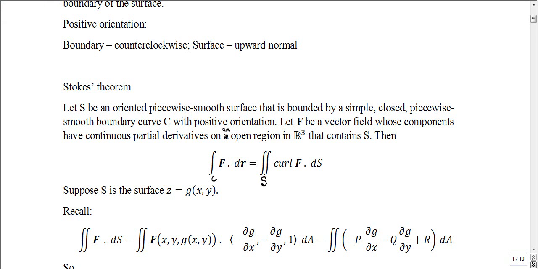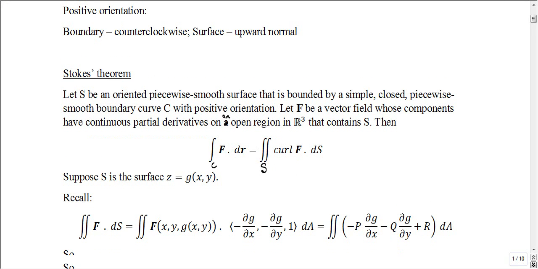The line integral here is equal to, we're looking at a surface now, so it's a double integral over the surface S of curl F dot dS. Now the important thing is, how do you work out this double integral of curl F dot dS? Go back to the integrals that we looked at in the last lecture, the formulas for surface integral.